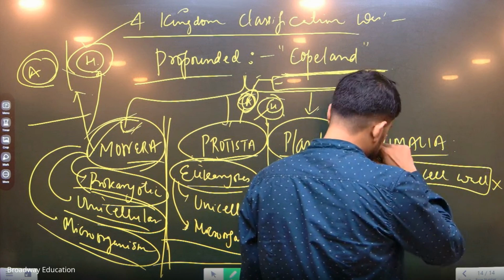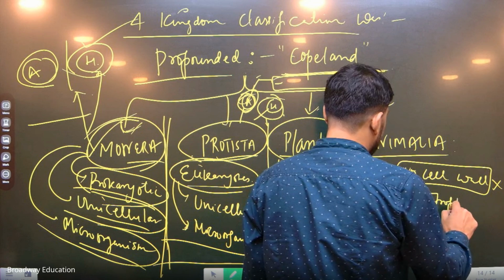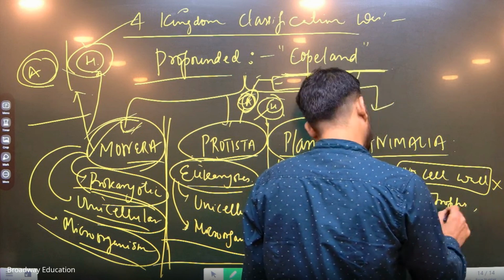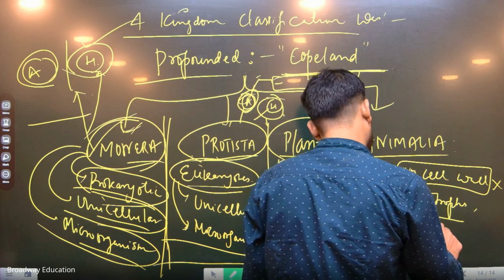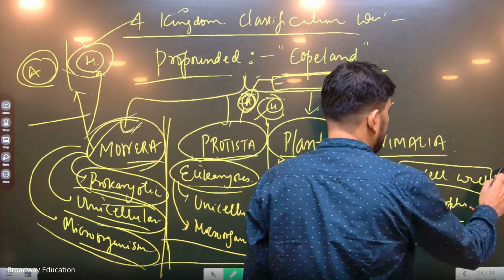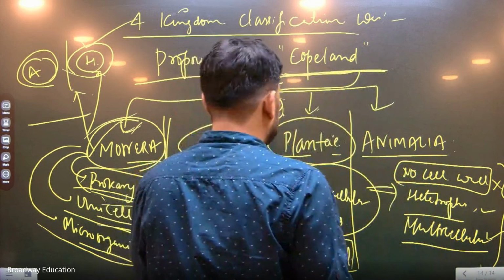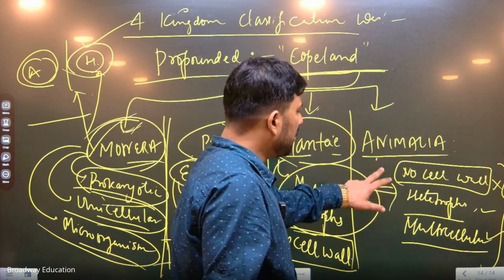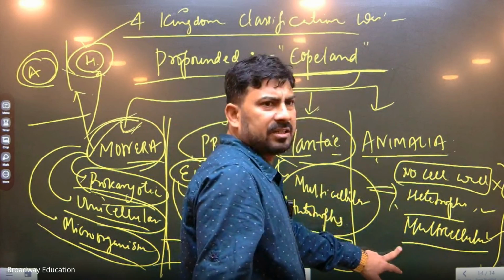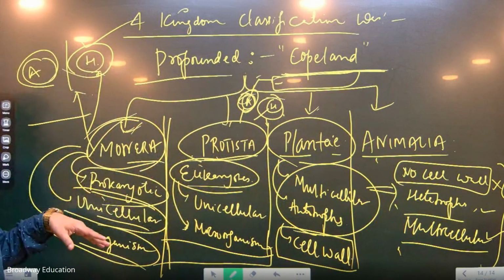Then write heterotrophs and multicellular. This part is clear? No cell wall, heterotrophs and multicellular. Understood? So this was presented by Copeland.